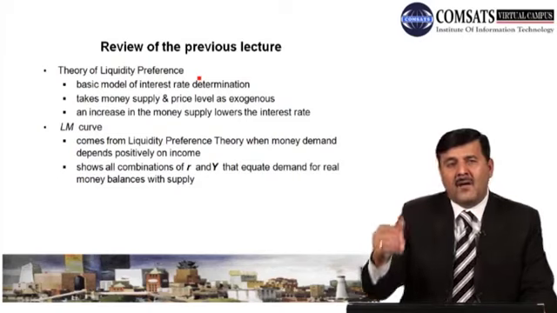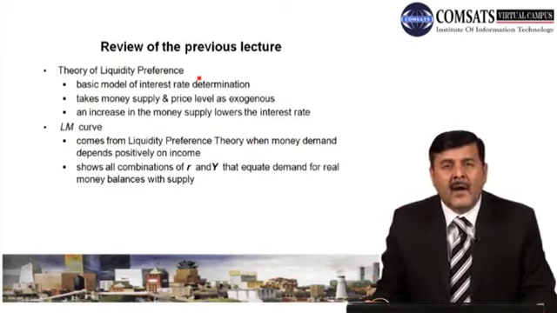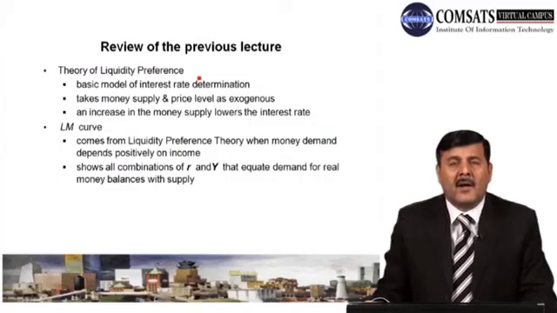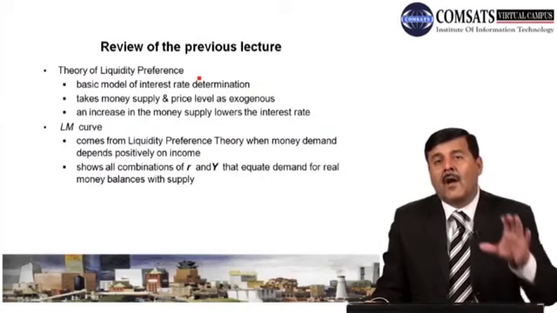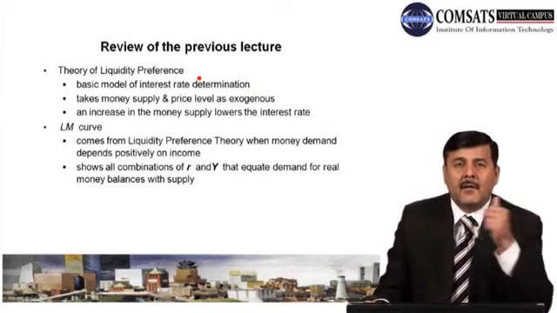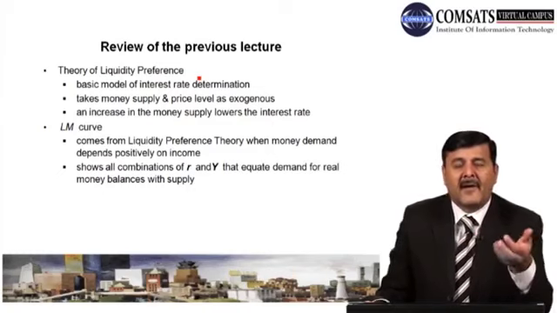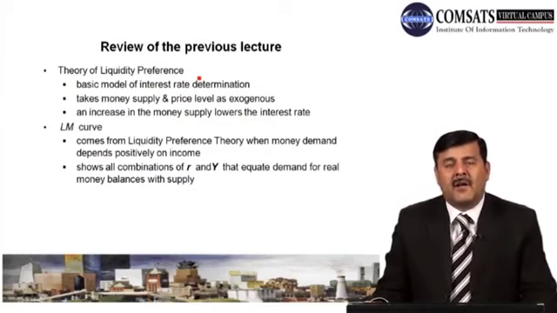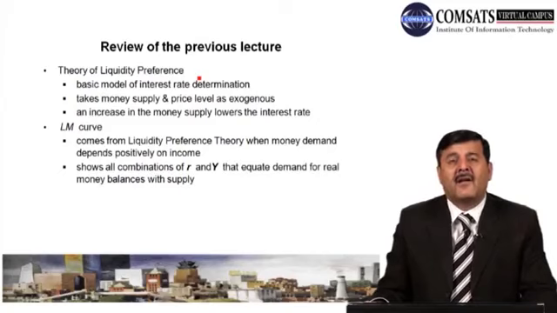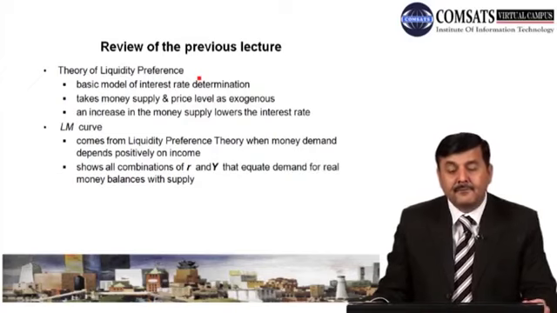So by using the demand for real money balances and the real money supply balances, we have determined the equilibrium in the money market, where the demand for real balances is equal to the real money supply, right? That determines the equilibrium rate of interest, level of income, and level of money supply and money demand in the money market.